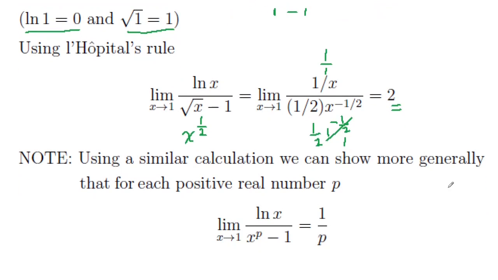Using a pretty similar type of calculation, except that 1/2 is replaced with any positive real number p, and working through this, we get this answer down here, which is kind of neat.